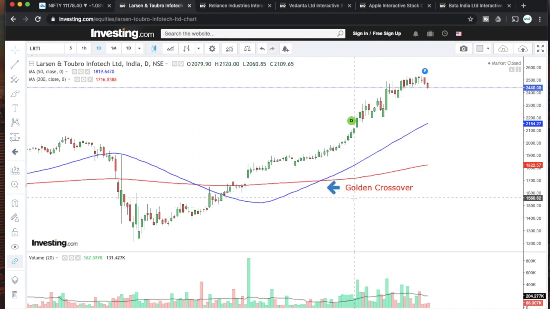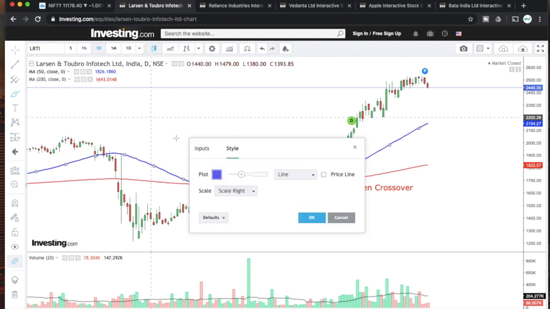So, what is a golden crossover? The golden crossover is nothing but two moving averages overlapping each other. In the golden crossover setup, we want a 50 moving average and a 200 moving average. I will be looking at the daily charts because this is most powerful when it happens on the daily time frame. That's why we call it the 50-day moving average and the 200-day moving average.